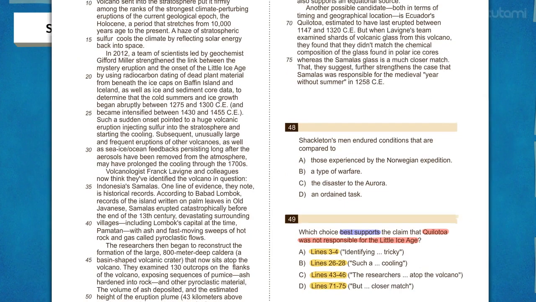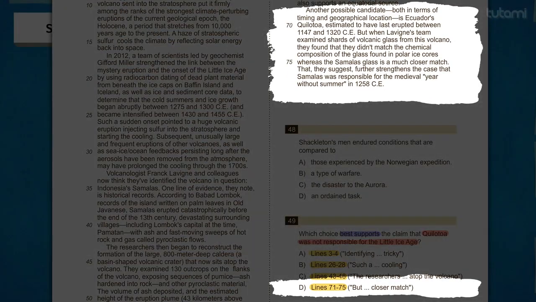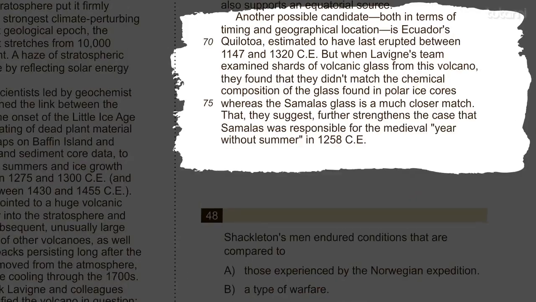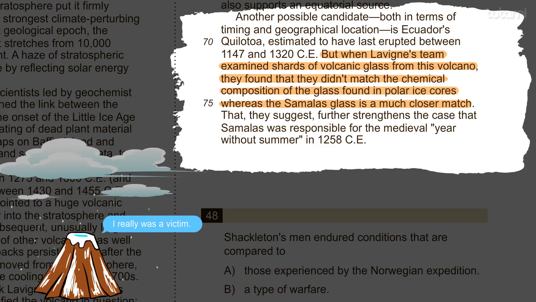Seeing how I like to go from bottom up, let's check choice D first. Lines 71 through 75. But when Levine's team examined shards of volcanic glass from this volcano, they found that they didn't match the chemical composition of the glass found in the polar ice cores. Wow, that's pretty strong evidence that Kilotoa was not responsible for the Ice Age.